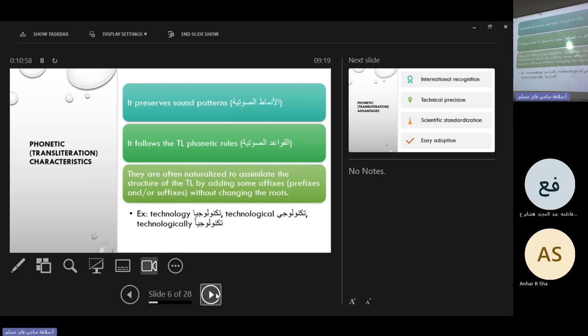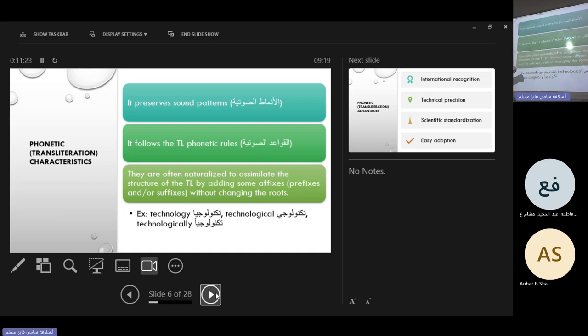It preserves the sound pattern. It follows the phonetic rule of the other language. Here we're talking about the Arabic language. They are often naturalized, made more natural to the ear of the Arabic reader.